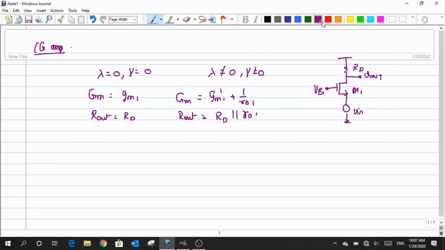And later what we did is that we had a resistance plugged here with a value of RS. The moment I plugged in this resistance RS, we had a different expression for the Gm and R out. So what was that expression of Gm that we got the moment I plug this in? It was Gm prime R naught plus 1 divided by Rx.